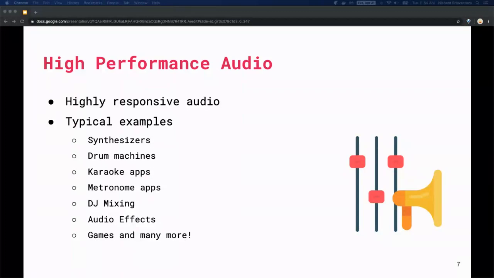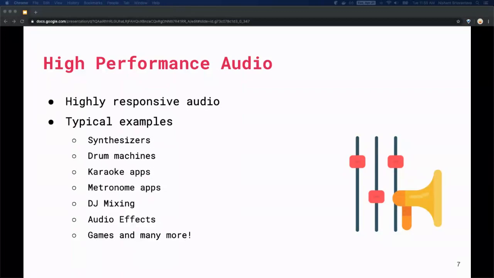It's like drum pads, as you can think of. You have karaoke apps, metronome apps, DJ mixing apps, audio effects, and obviously in a game, imagine you shooting something with a gun in, say, a particular first-person shooter game, and then the audio comes a bit late. That's not good, right? So you want highly performant audio there too. And obviously, there are many cases for this.